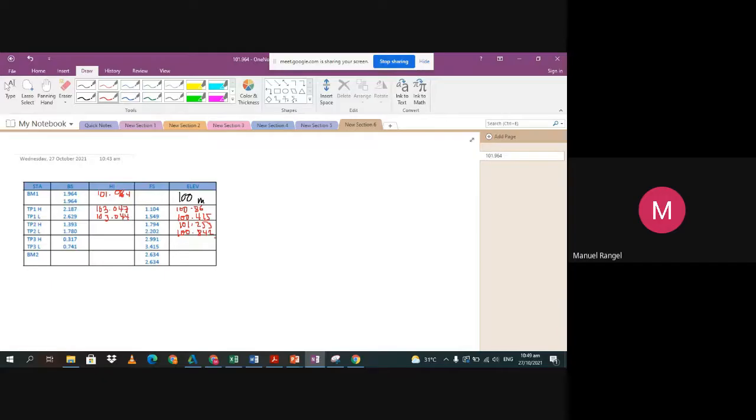Then for HI, 101.253 plus 1.393 is 102.646. Then the other, 100.842 plus 1.78 is 102.622.